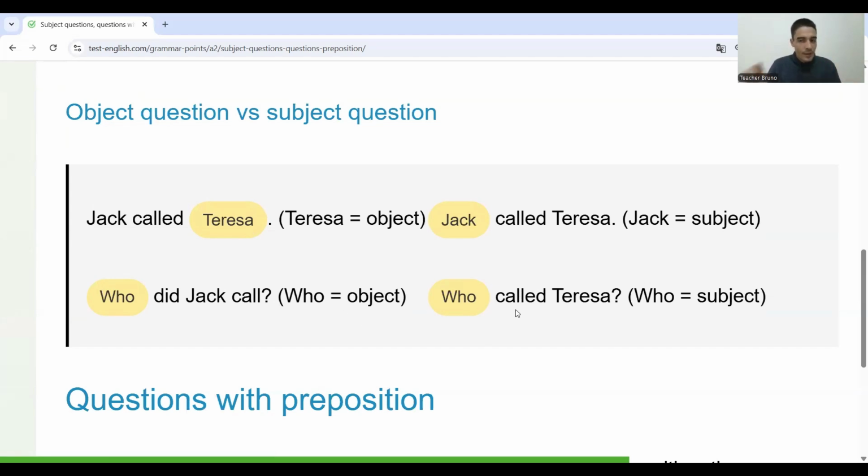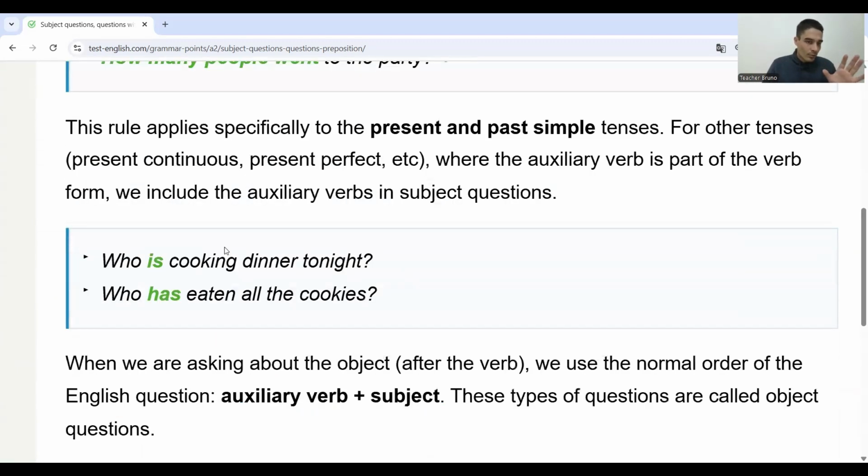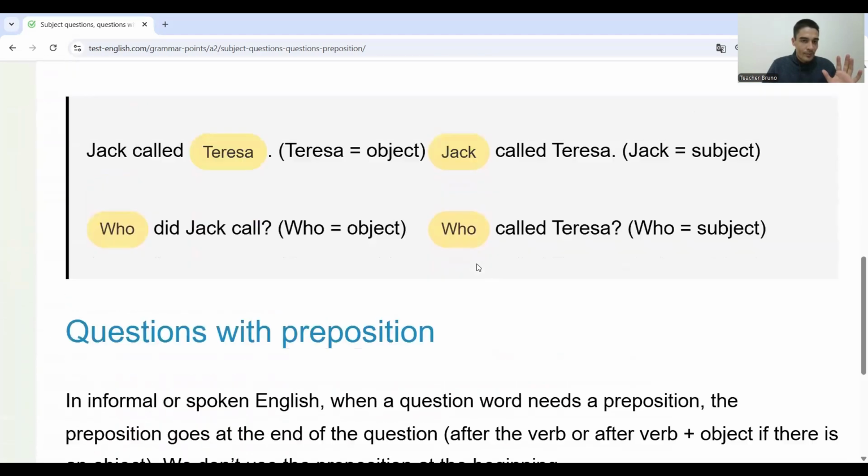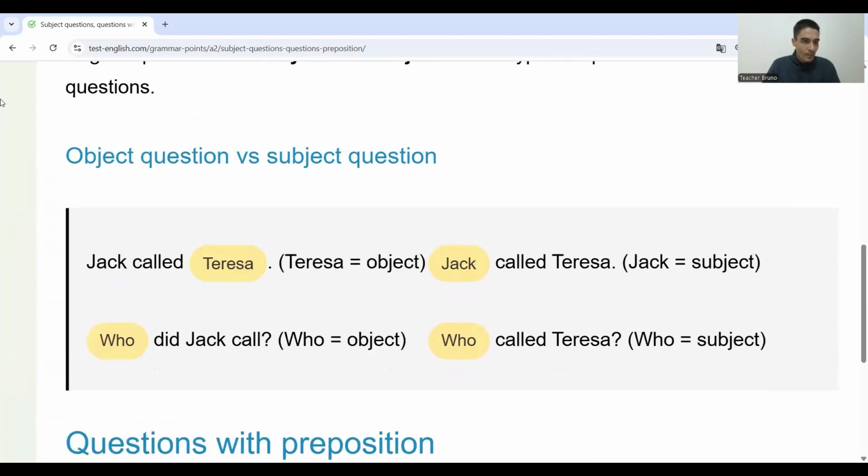Who here is the subject. It's very important to comprehend this because once we understand it, then we're going to know in which situations we use this form, which situations we use these rules. So it's essential to comprehend this lesson.